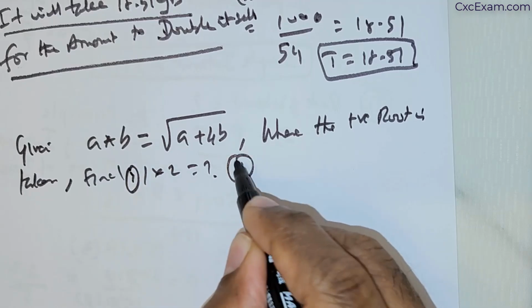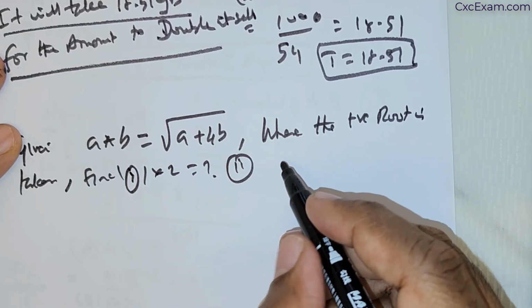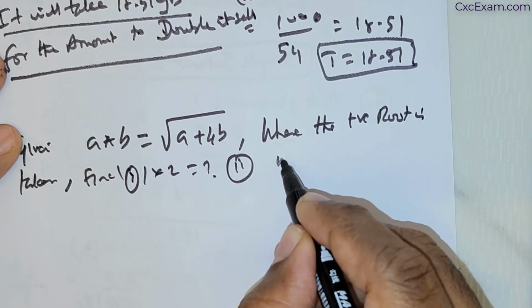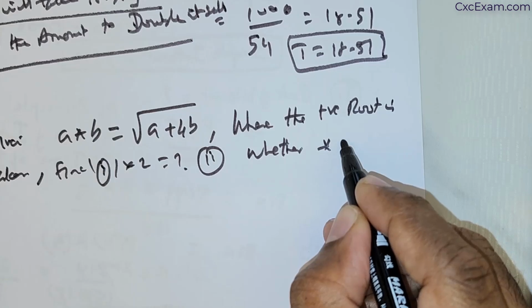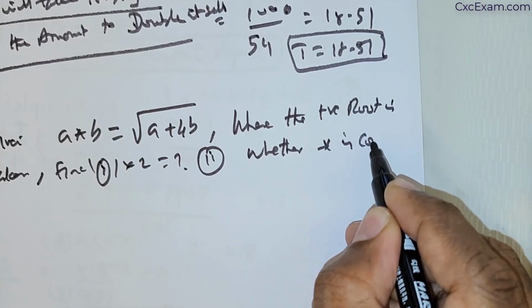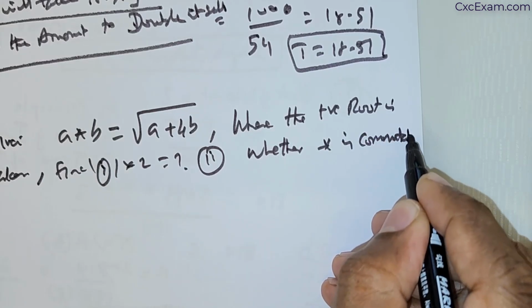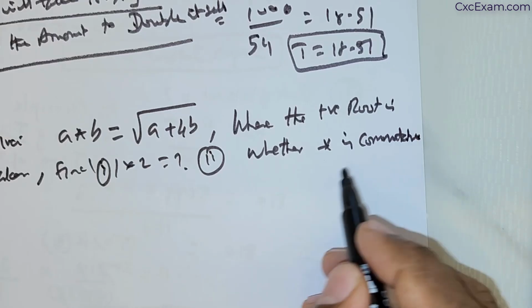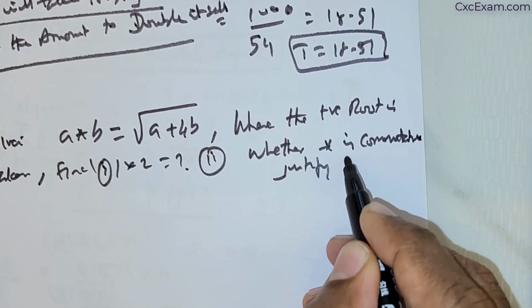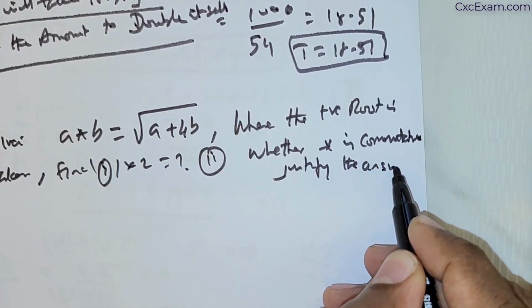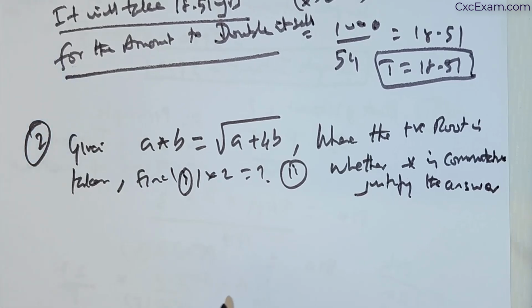The second part of the question is we have to check whether the star operator is commutative, and we have to justify the answer. So that's the first part, the second part, and the question ends there.